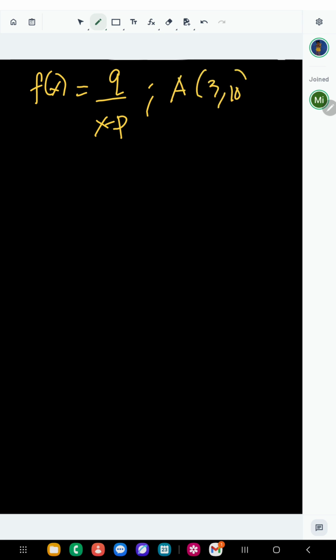The diagram shows part of the graph of the function f of x equals q over x minus p. The curve passes through point A, (3, 10). Well, we didn't do this.